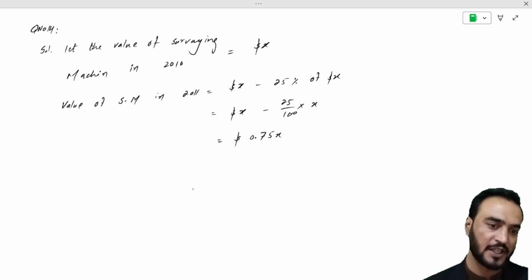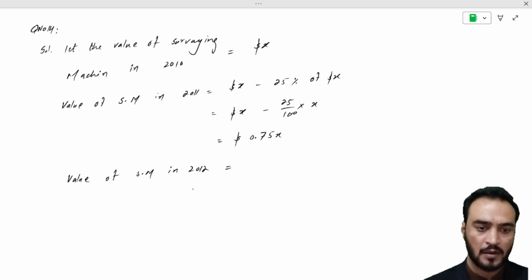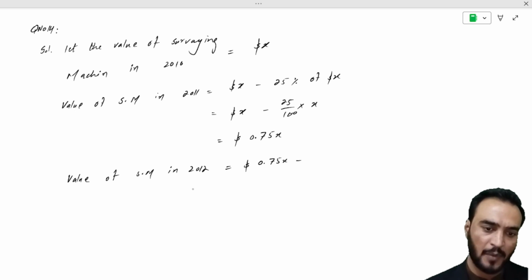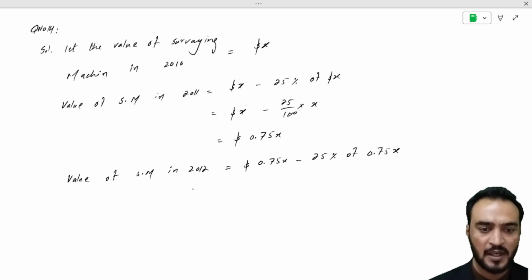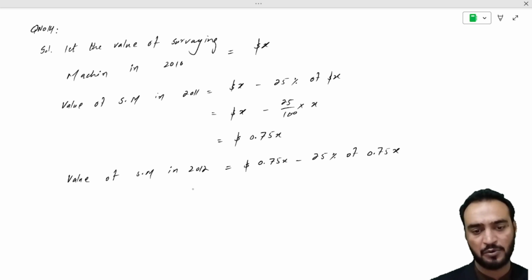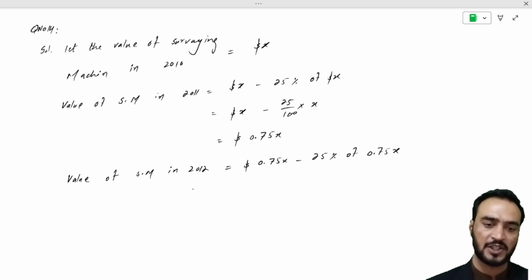Now we will find the value of the machine in 2012, depreciating 25% more. So the value of surveying machine in 2012 is equal to the value in 2011, 0.75 times X, minus 25% of 0.75 times X. The value in 2011 was 0.75 times X. We will depreciate it by 25% to find the actual value in 2012.